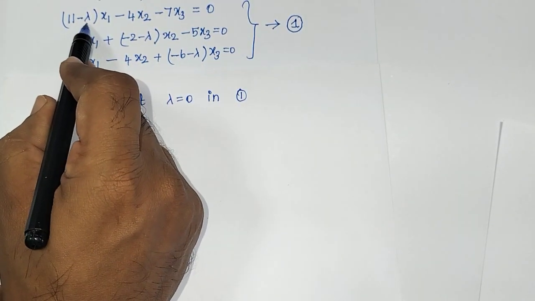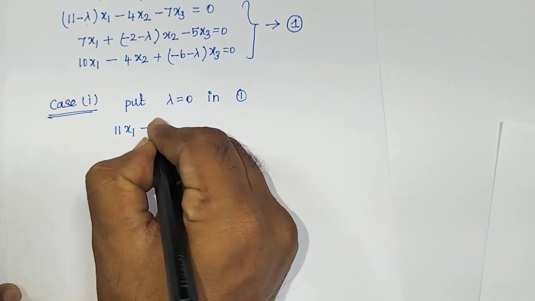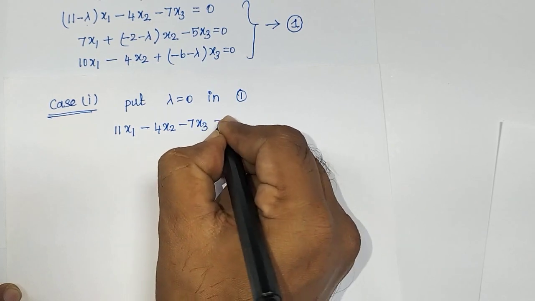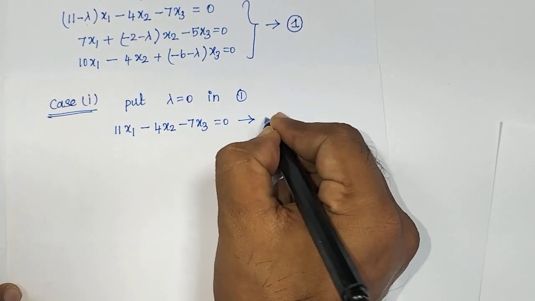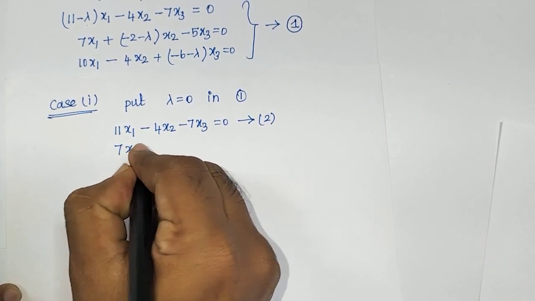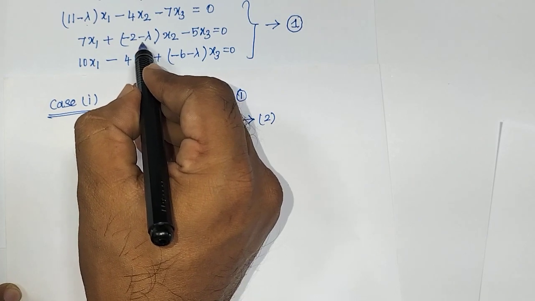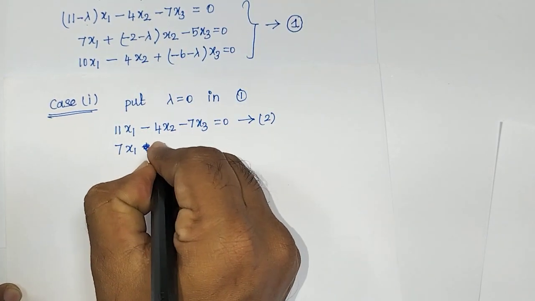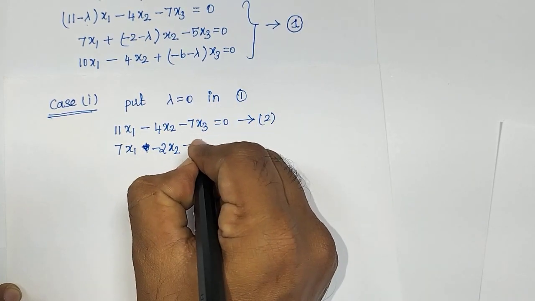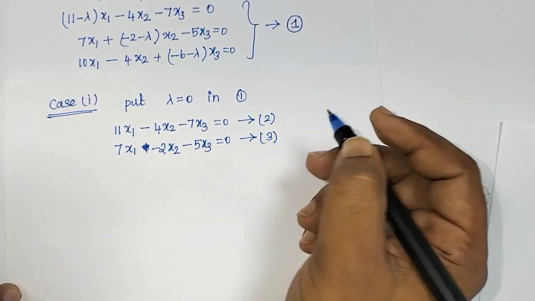So here, substituting lambda is equal to 0: 11 minus 0, 11 x1 minus 4 x2 minus 7 x3 is equal to 0, which is equation number 2. And next 7 x1 plus, here you can substitute lambda is equal to 0, you will get minus 2. So minus 2 x2 and minus 5 x3 is equal to 0, which is equation number 3.